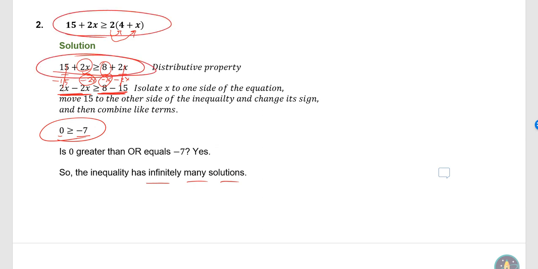Okay. Of course, it seems like a trivial solution, but it is a true solution. Okay, it is a logical solution. It's a correct solution, as long as in the end you get something that is true. If this were not true, then the result would be different.